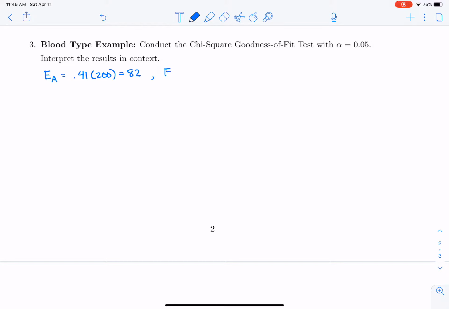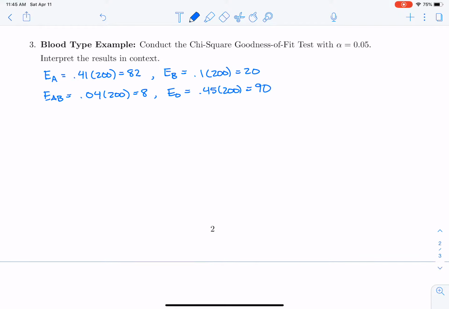Okay, for the B blood type, that's going to be 10% times 200. So that's going to be 20. For the AB blood type, that's going to be 4% times 200, and that's going to equal 8. And then for the O blood type, that's going to be 45% of the population times 200, or 90 people.